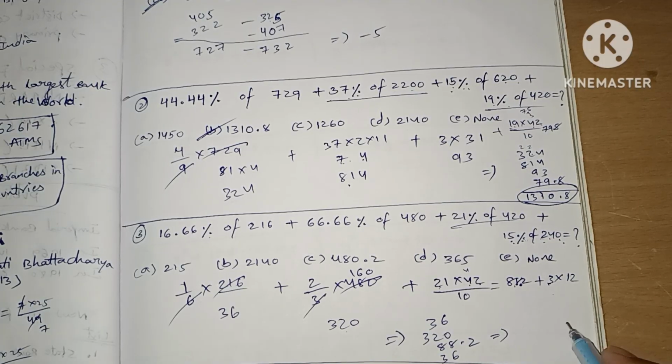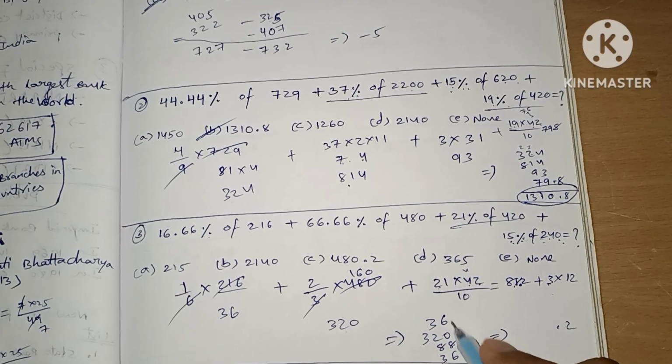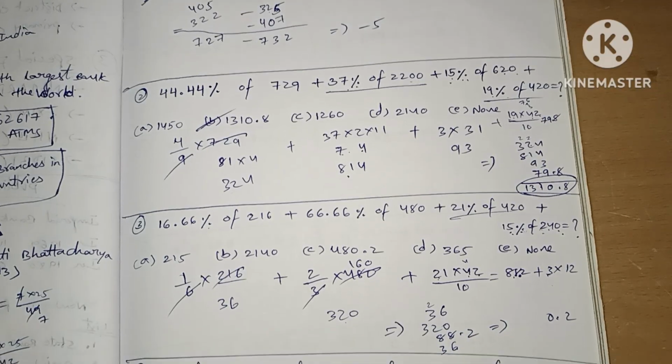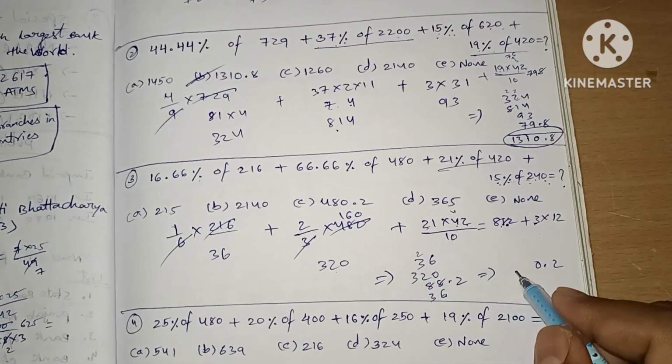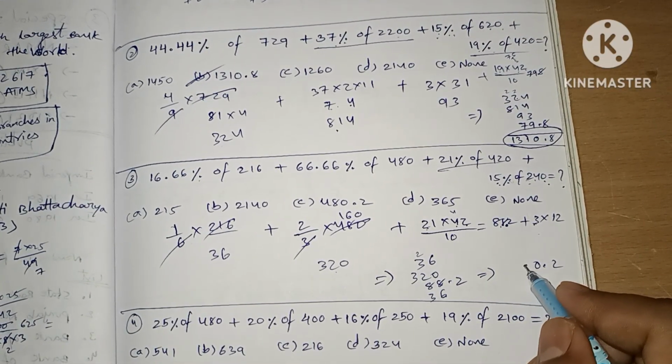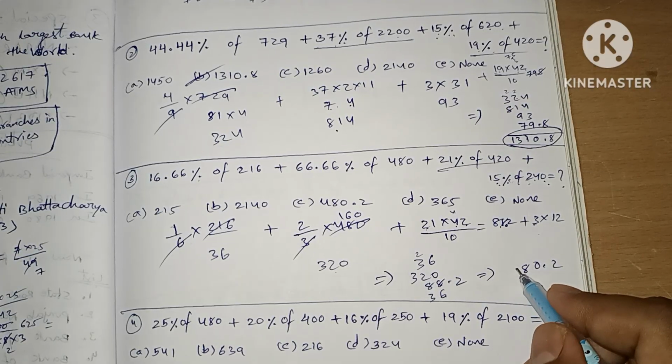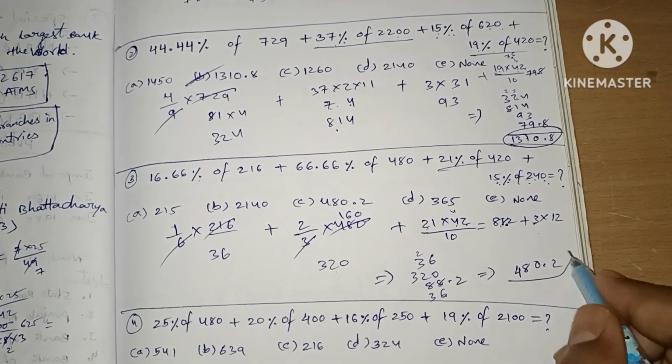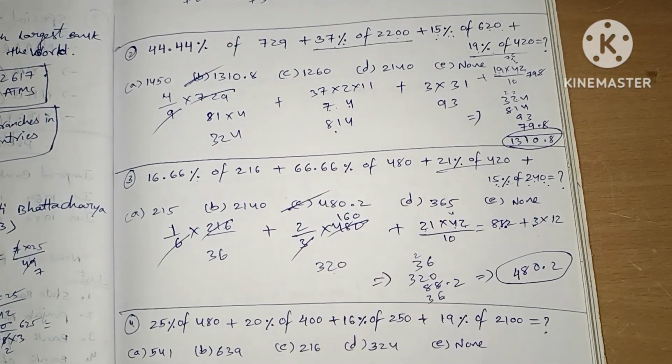So we have 0.2. 12 plus 8 is 20, and here we have 18 and 4. 480.2 is our answer. Option C is our answer.